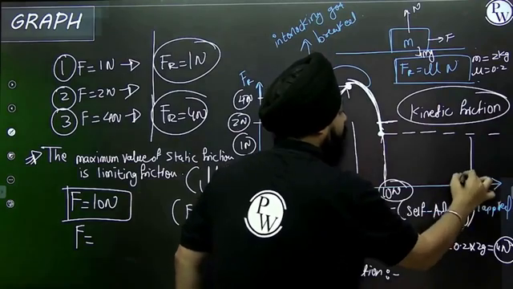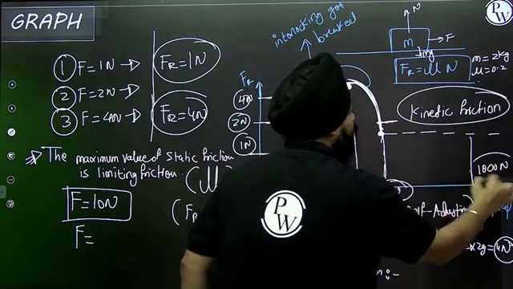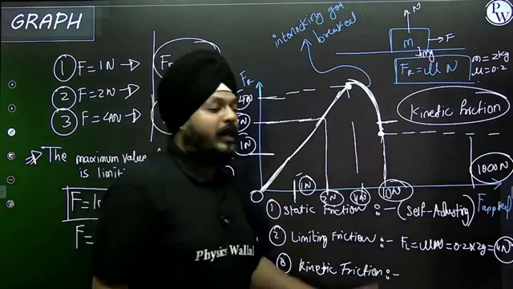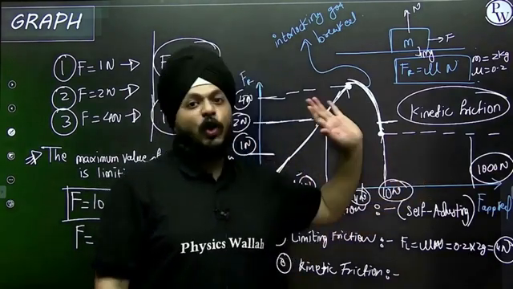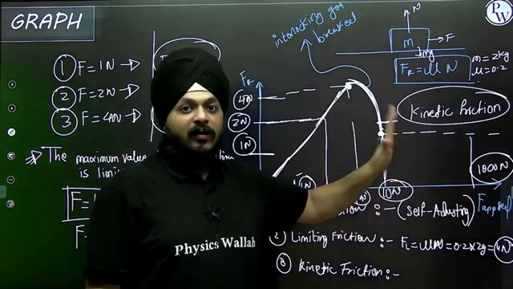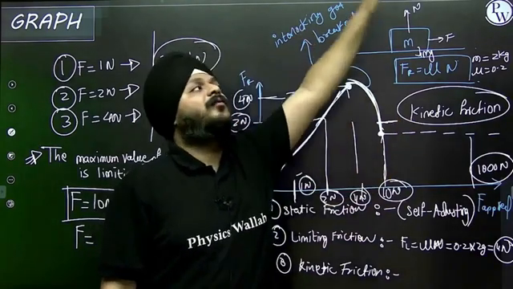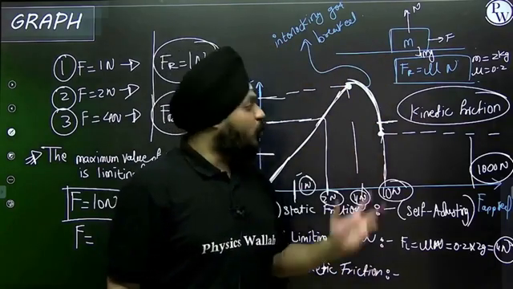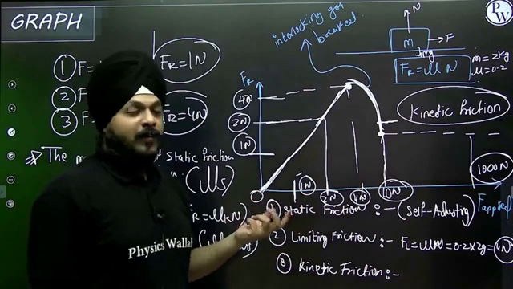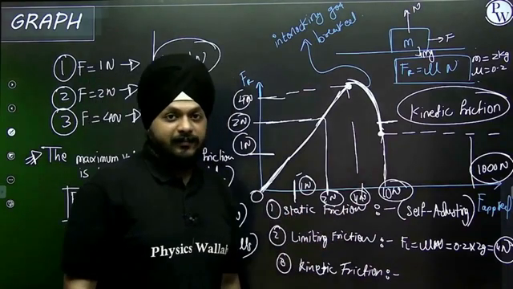Even if you apply 1000 Newton, once it has crossed the limiting value, kinetic friction will be constant till infinity. So what does the entire process tell? First, we need to calculate the limiting friction.